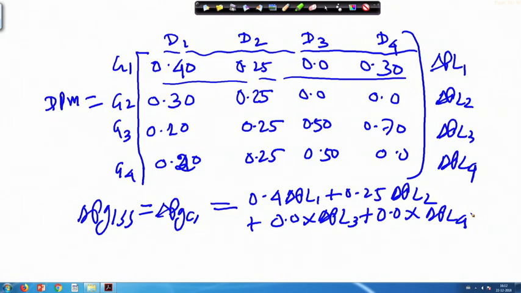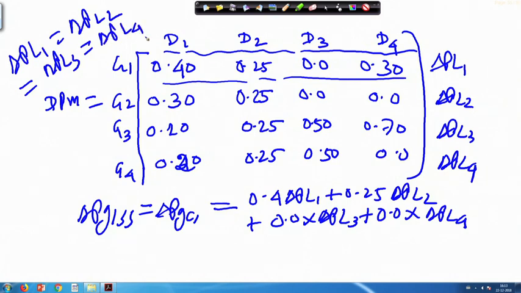Delta PL1 is equal to delta PL2, is equal to delta PL3, is equal to delta PL4, is equal to 0.10 per unit megawatt, all are the same.